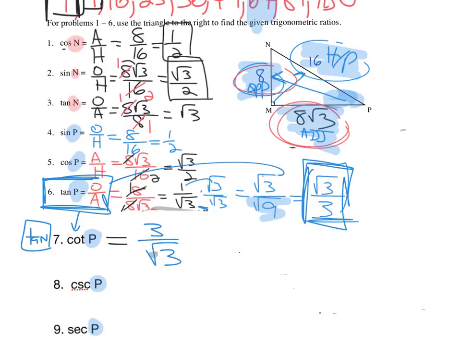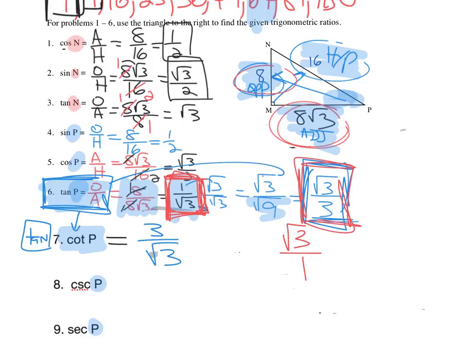But if you're clever, if you know that the reciprocal of cotangent is tangent, the tangent was 8 over 8 radical 3, or when the 8's canceled, 1 over radical 3. So I can just take the reciprocal of 1 over radical 3 to get radical 3 over 1. So that's going to be my answer. If I took the reciprocal of radical 3 over 3, I could rationalize the denominator.